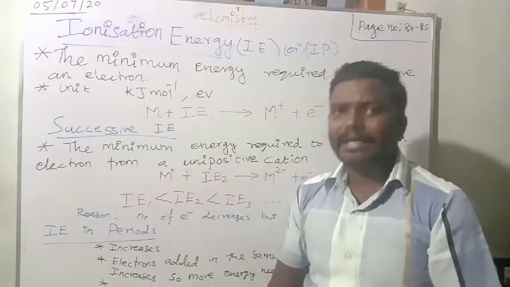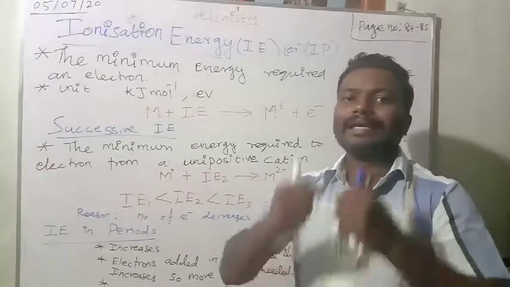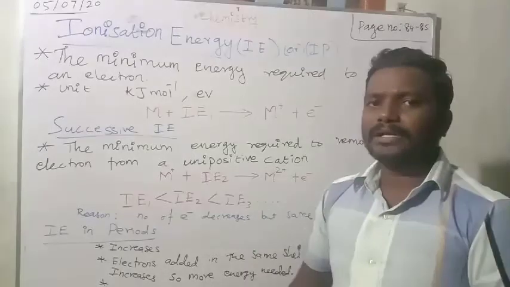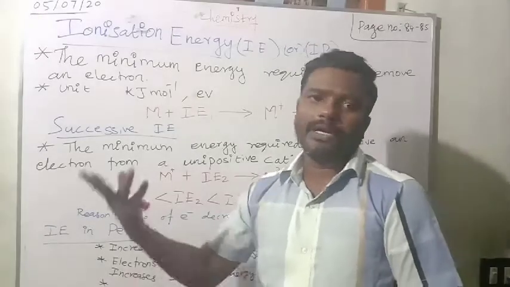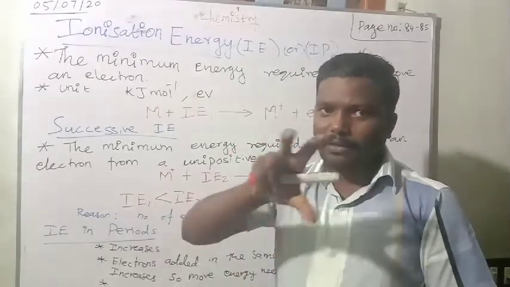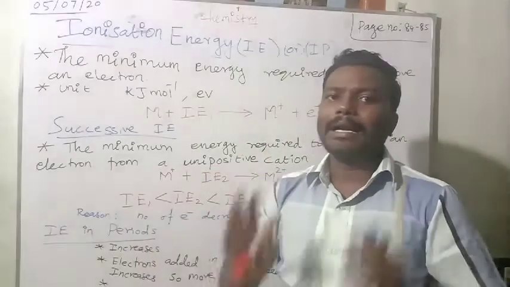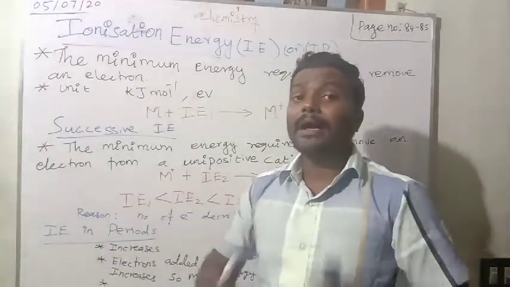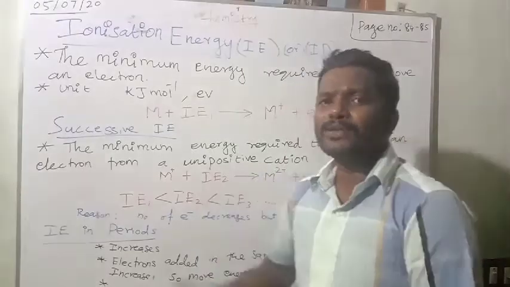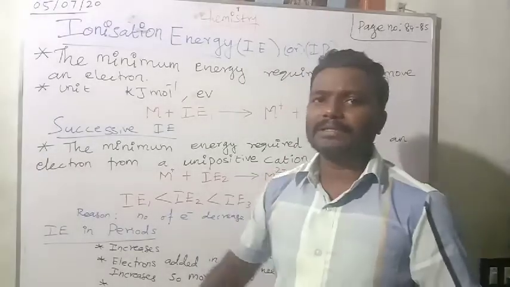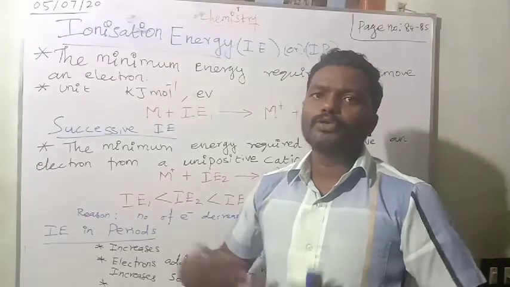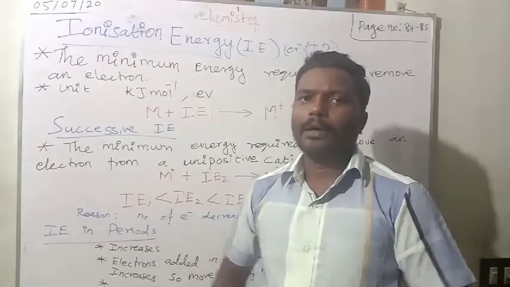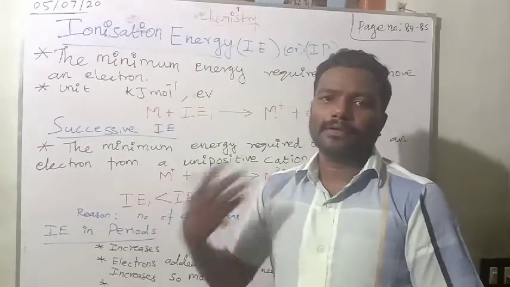In the ground state, the atom should be a gaseous atom. What do you mean by gaseous atom? We know solid, liquid and gas. The atom from which we remove the electron should be present as a gaseous atom. It should also be an isolated atom. What do you mean by isolated? It should not be present as a compound, for example sodium chloride, silver bromide, potassium chloride, copper sulfate.